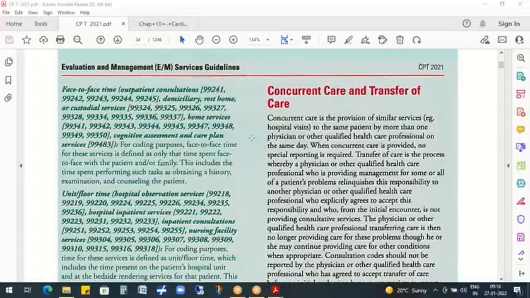Same service by different physicians to a patient. Transfer of care means one physician is transferring the patient care to another physician. That is different from concurrent. Parallel means side by side, the same. Understood now? The patient is the same, physicians are different, but they are providing the same service on the same day.